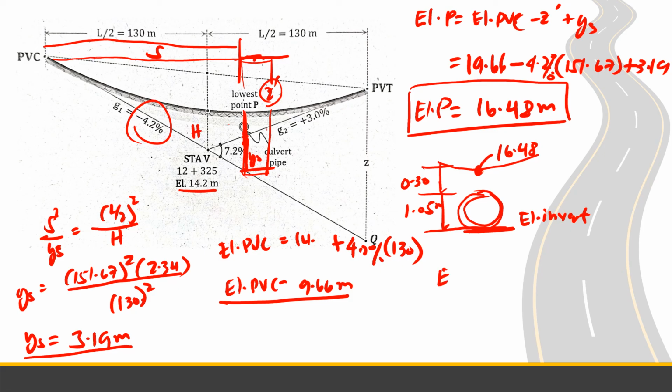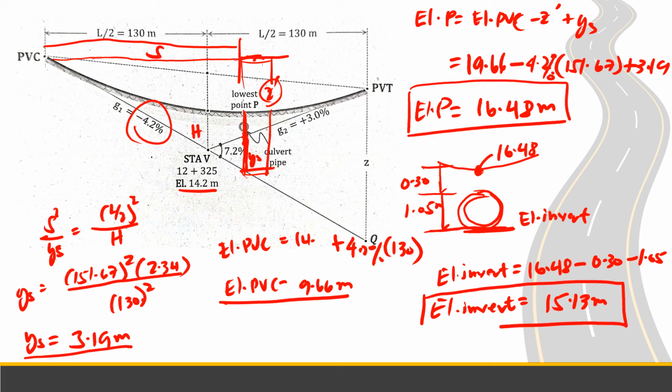So the invert elevation is equal to 16.48 minus 0.30 minus 1.05, which is 15.13 meters. That is the invert elevation, or the bottom of the culvert.